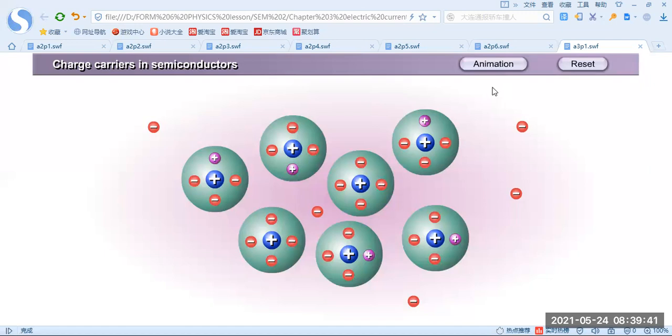This process we call the doping process. Doping means that the semiconductor is in the condition of less 1 electron to form the p-type semiconductor, or extra 1 electron to form the n-type semiconductor.